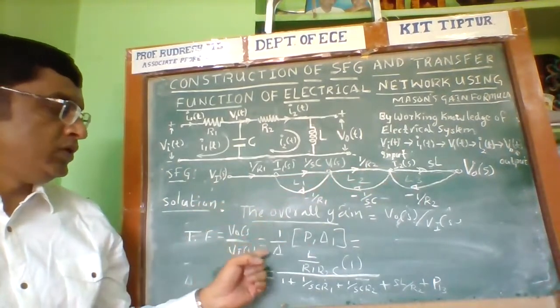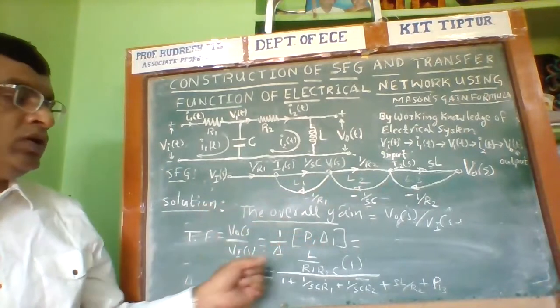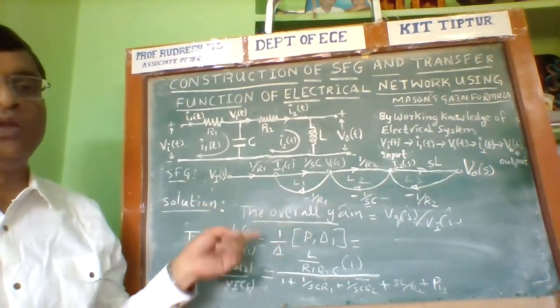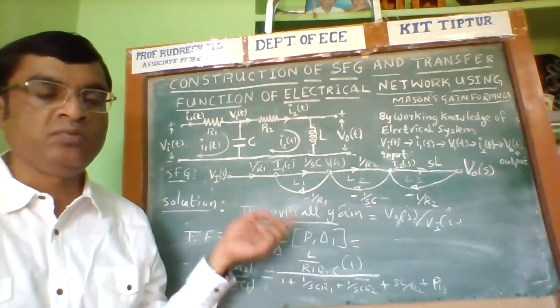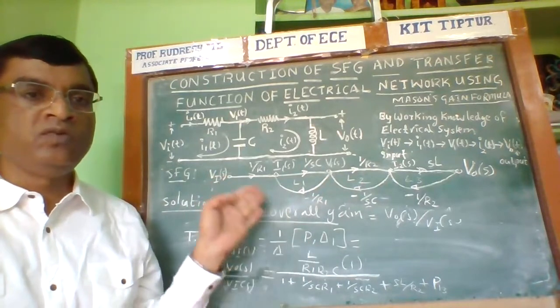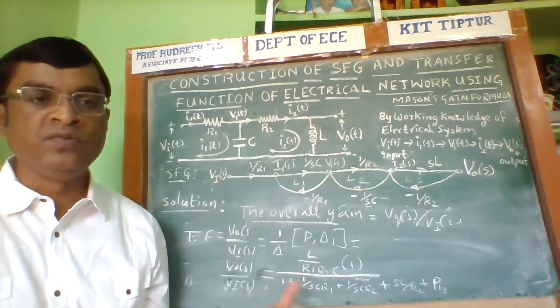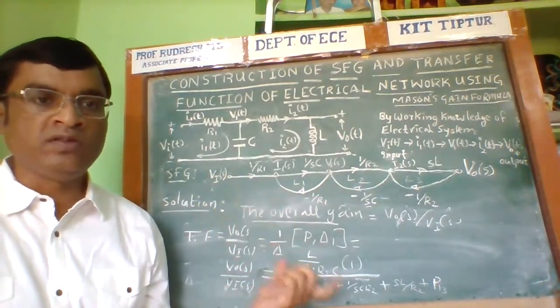By substituting P1, delta 1, and delta, we will get the overall gain of the system. This is the procedure for calculating the overall gain of a system if the electrical network is given.